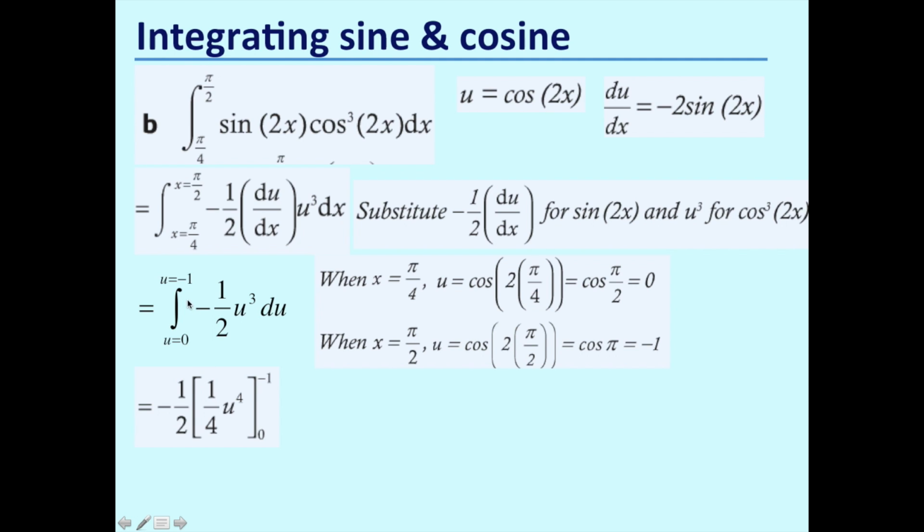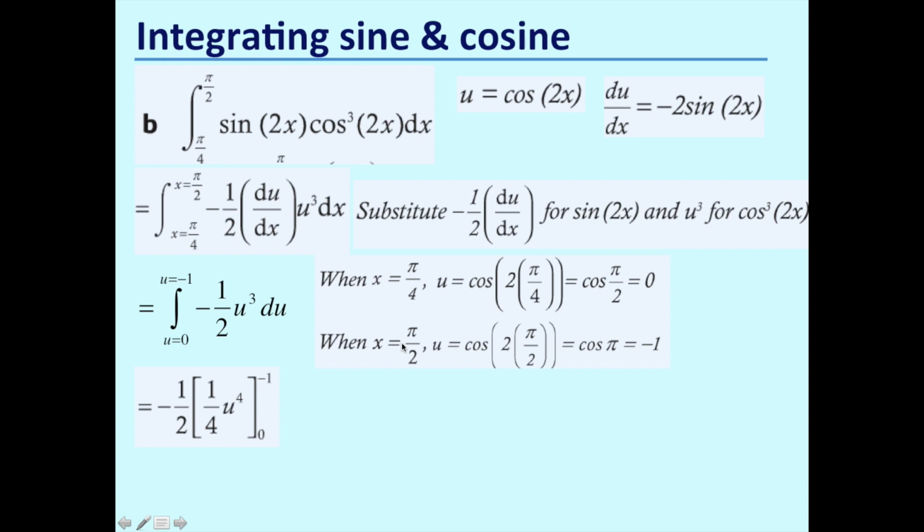So once I've got negative half, I can find the antiderivative of u to the 3, which would be a quarter u to the 4. I've taken out negative a half here. I need to change the limits here. So whilst the limits are pi by 2 and pi by 4, when x equals pi by 4, I substitute it into u equals cos 2 times pi by 4, which equals cos pi by 2, or cos 90, which is going to equal 0.